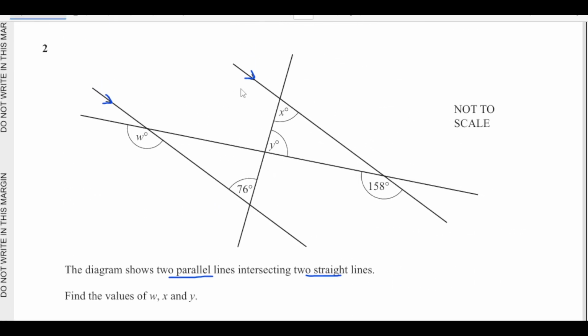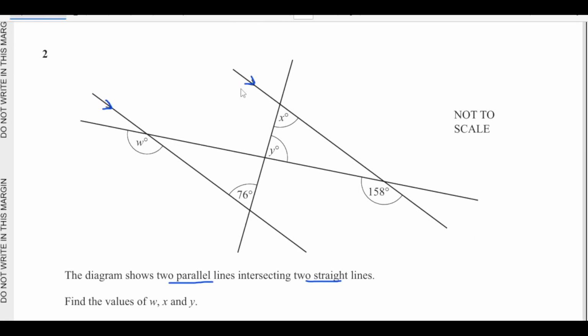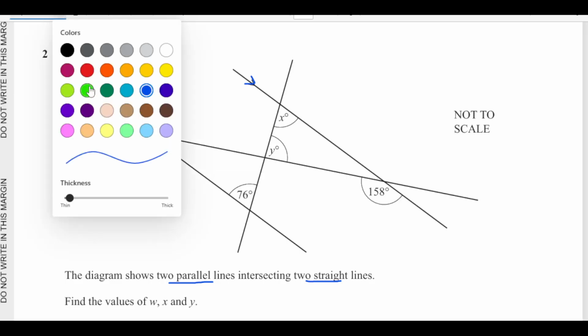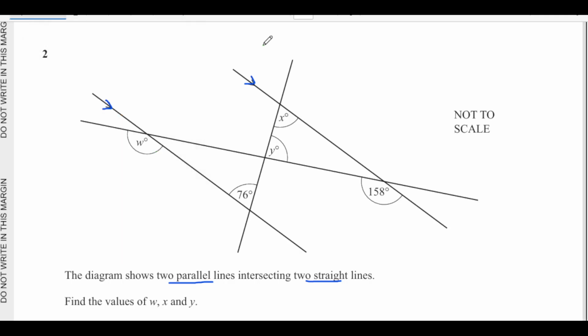We will start with the first angle, x. Try to relate the angles to whatever is given to you. This is between the parallel lines, and these two lines are parallel. Here you see this and this, which shows a Z shape.